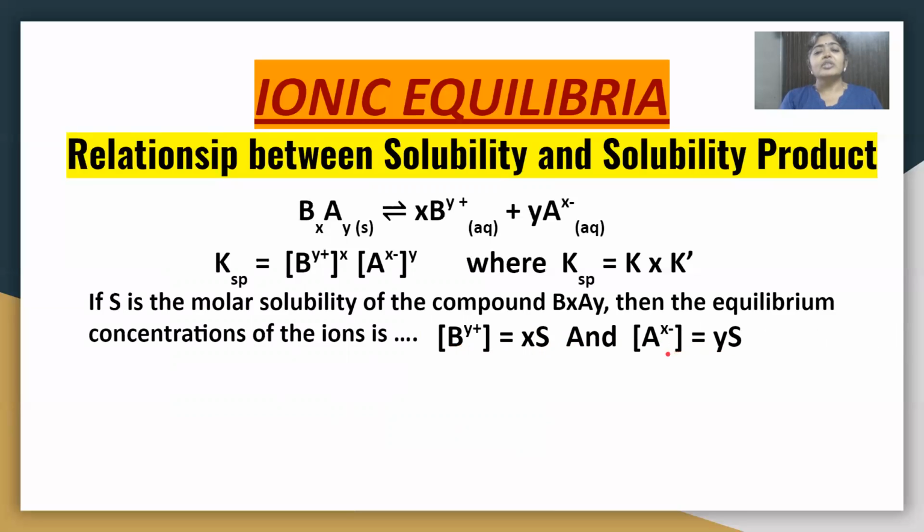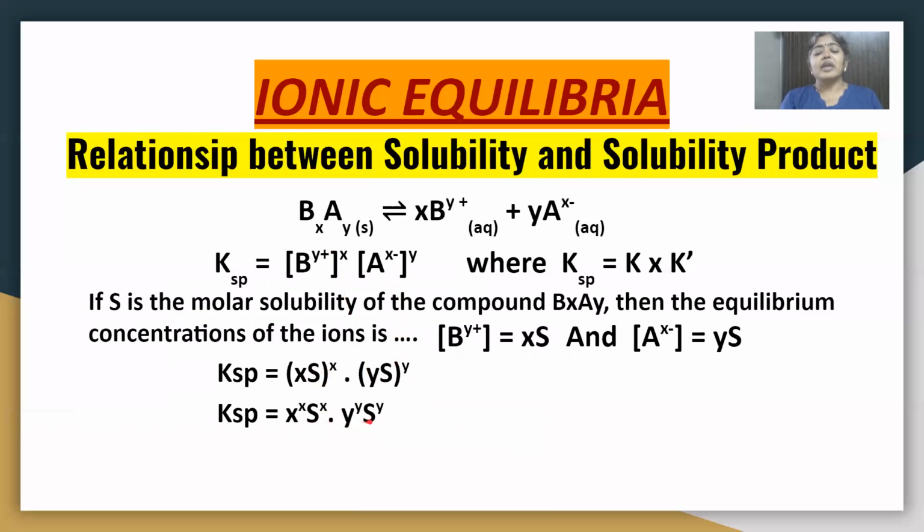So let us substitute these concentrations in the expression for solubility product. What will I get? Ksp will be equal to (xS) whole raised to x, because it has to be raised to the coefficient x, and similarly (yS) raised to the coefficient y. Now let us solve this mathematically. Using the rules of indices, it is x^x into S^x multiplied by y^y into S^y.